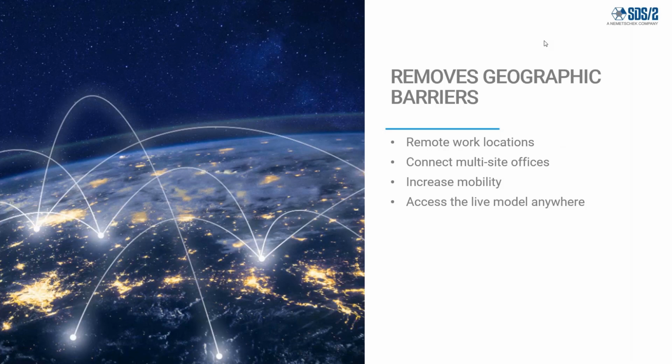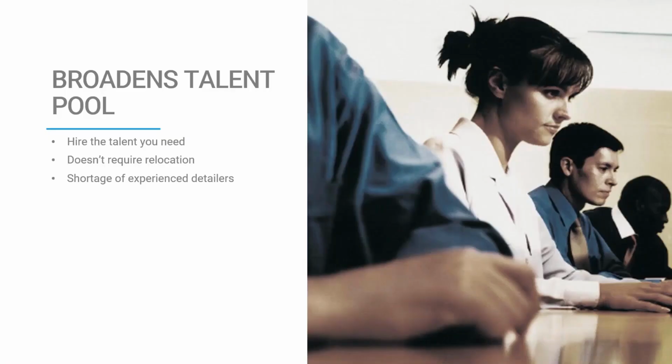With Edge, as long as everybody's on Edge, they're all connected all the time, and it takes a lot of headache out of things there. Or maybe it's increasing mobility to where you need to go to the field. Maybe you're doing work in the field, you need access to that live SDS2 information, log on to Edge as long as we have an internet connection out there in the field, and check statuses, different things like that. It's always live, so you're going to get the most up-to-date information when you're checking that out.